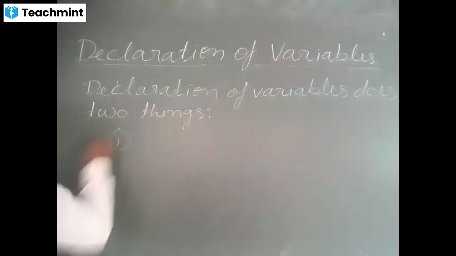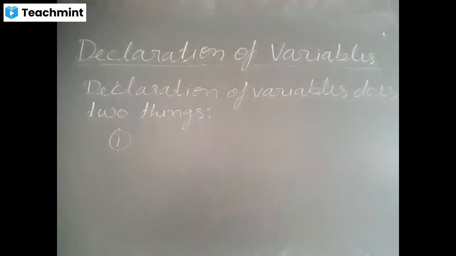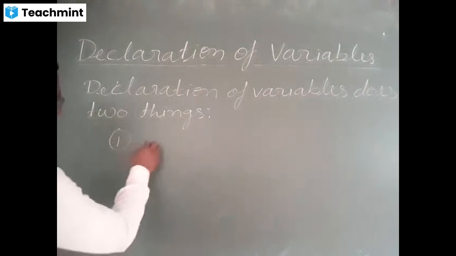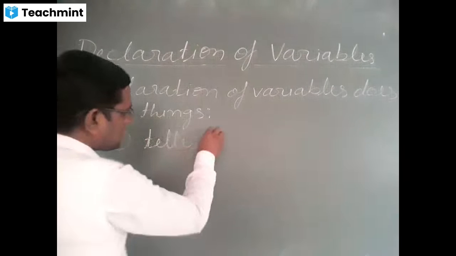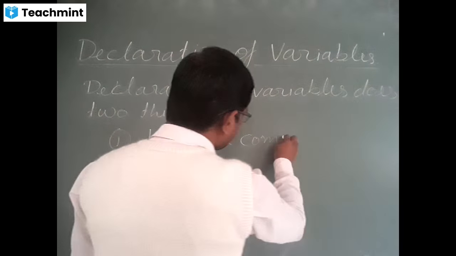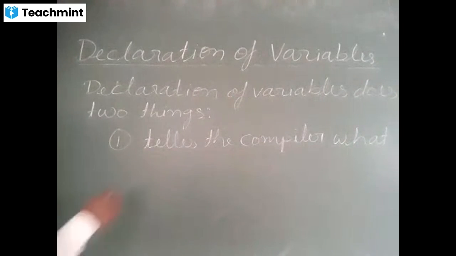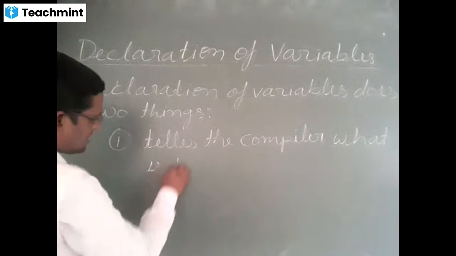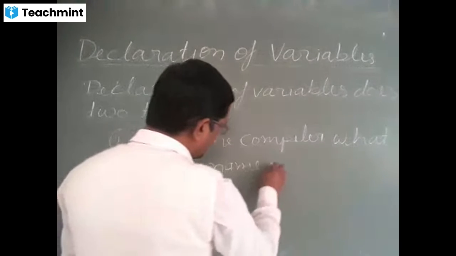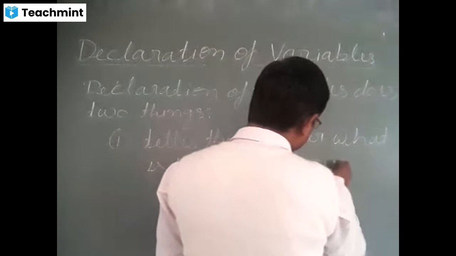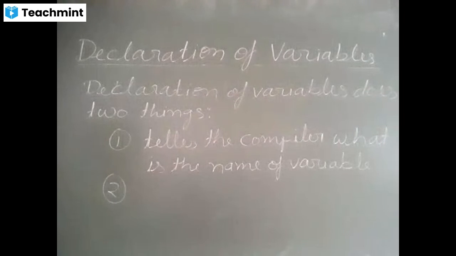Number one, the first thing is that the declaration of variable tells the compiler what the name of the variable is.